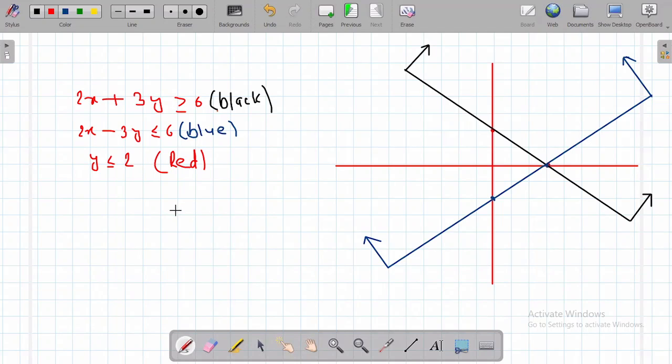So the third inequality, as you all know, is parallel to the x-axis and passing through 0, 2. So the third inequality will be like this way.